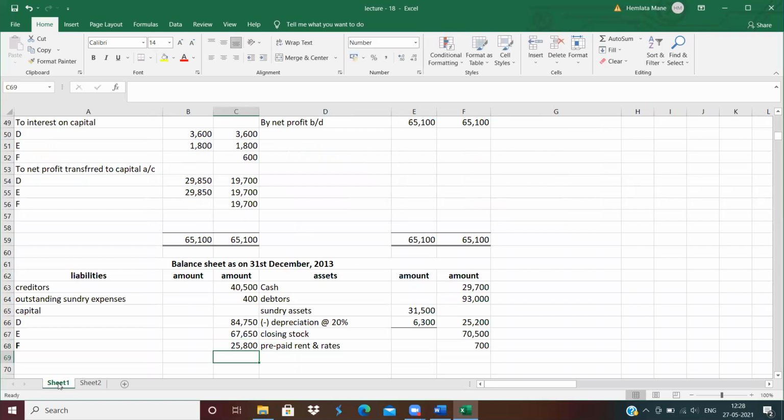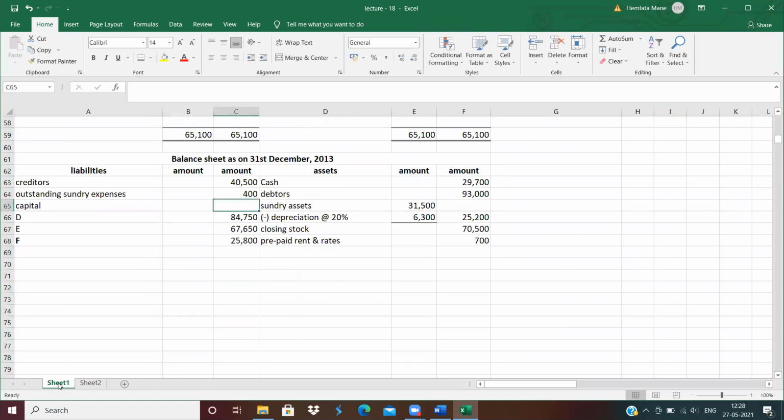Now tally the balance sheet. What will be the total? 40,500 plus 400 plus 84,750 plus 67,650 plus 25,800. This total will be 2,19,100.